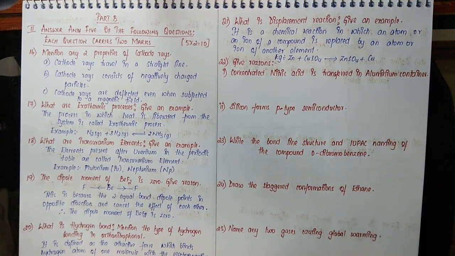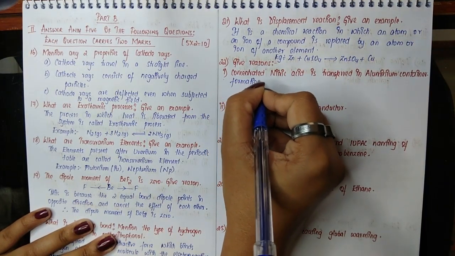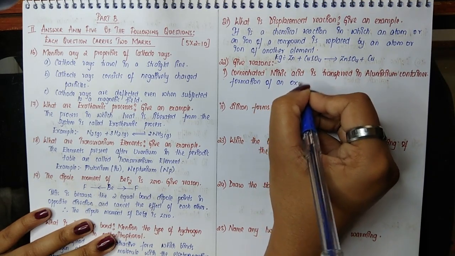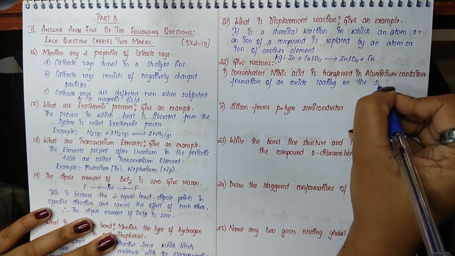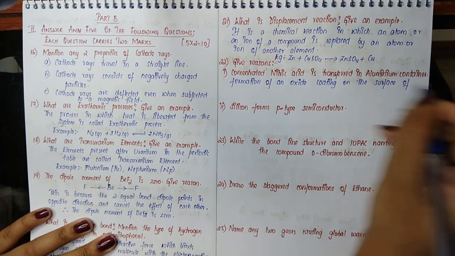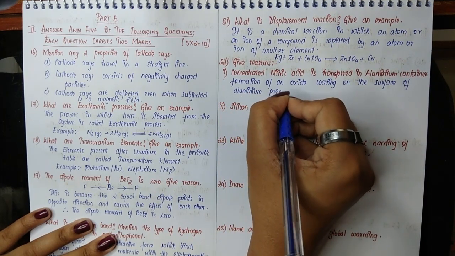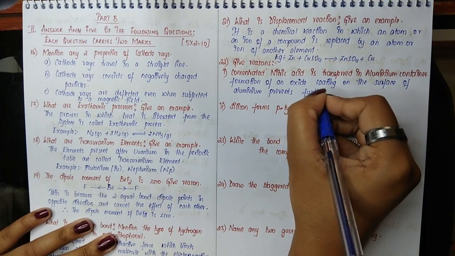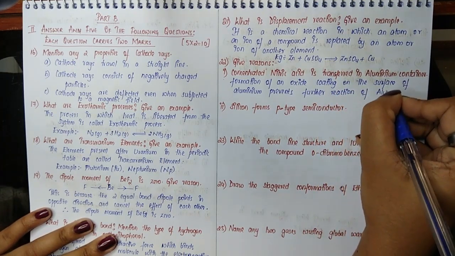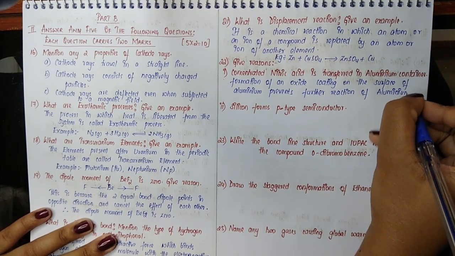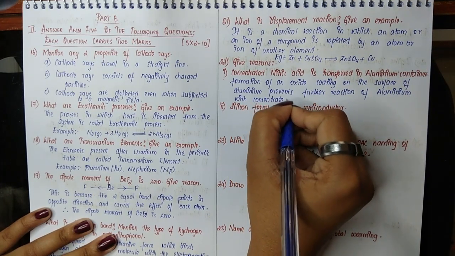So here you can write the answer as formation of oxide coating on the surface of aluminium prevents further reaction of aluminium with concentrated nitric acid.